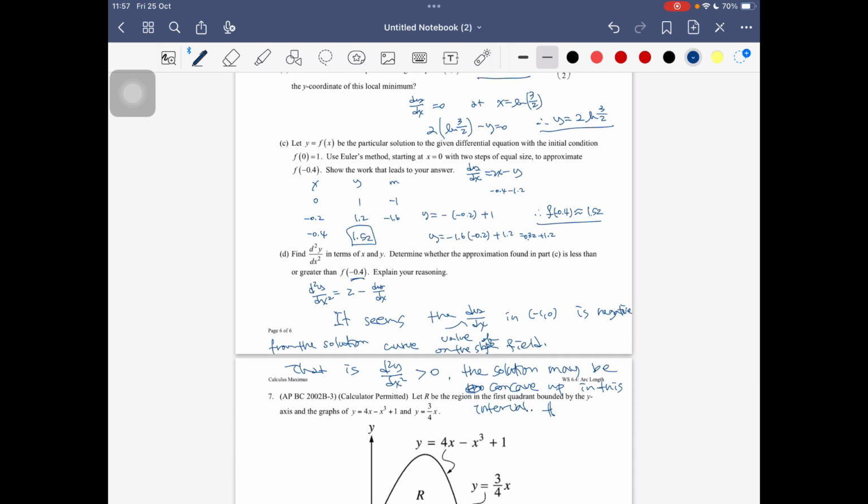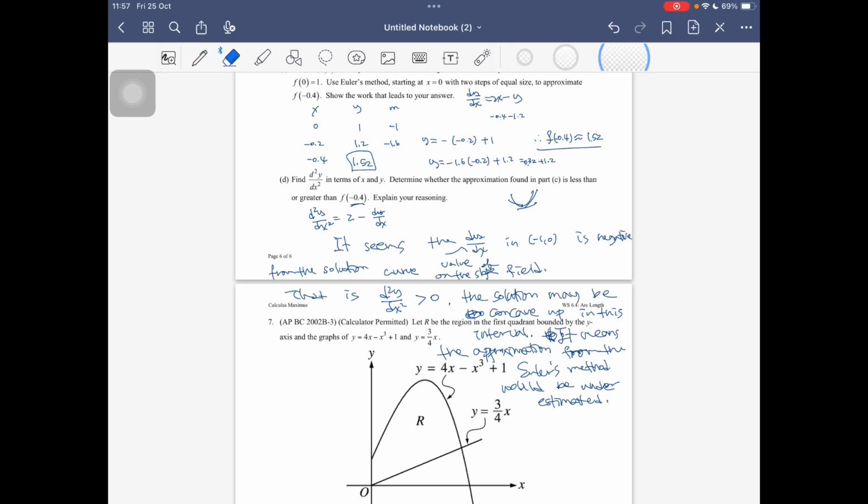That means the approximation from the Euler method would be like this, underestimated. So this is how we can guess.